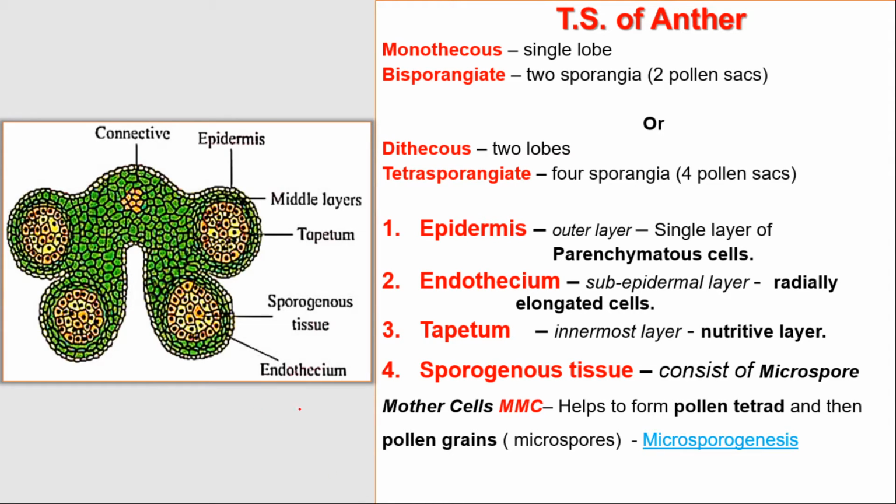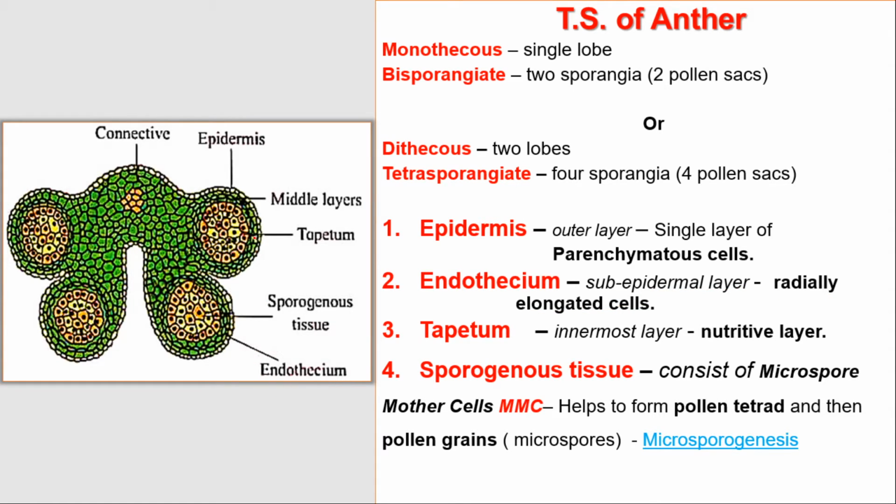The second layer is the endothecium layer, which is a subepidermal layer made up of radially elongated cells. So here radially elongated cells are present.